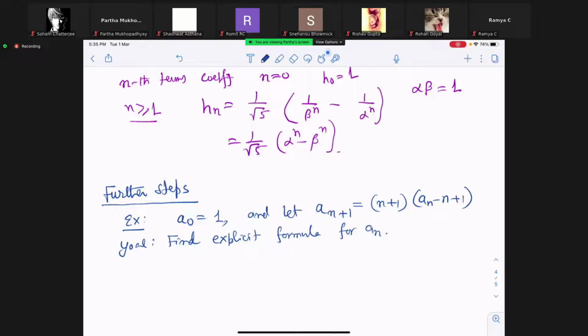If you unfold a_n, you get another n times (n-1). So there is a sharp dependence of a_{n+1} on a_n, a quick transfer from a_n to a_{n+1} by a big jump, which is a factor of n+1. Now, how do you approach solving this problem?